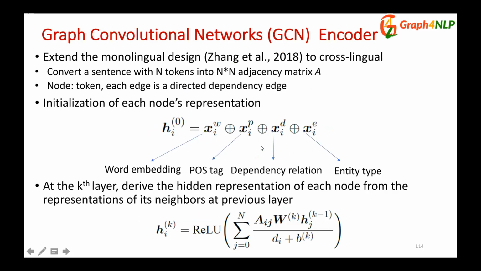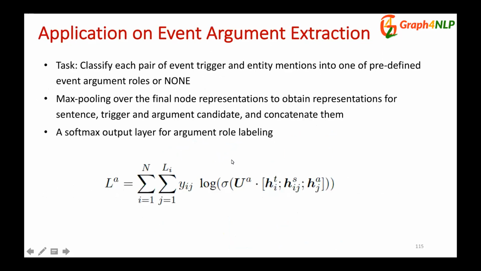For initialization, in addition to multilingual word embedding, you can also use any language-universal output which is available for these two languages. For example, some languages may have the same part-of-speech tags, or maybe there are some entity extraction tools available, or maybe universal dependency parsing is available. So you can put them together to initialize the representation.